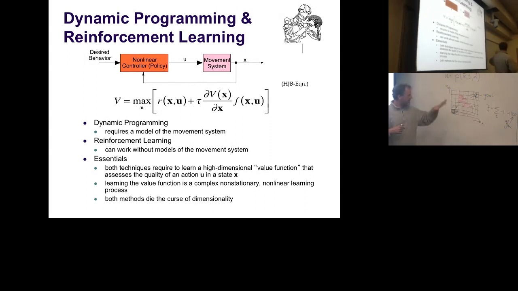So in discrete systems, we have something which is called Bellman's optimality equation, which basically says the J value at a particular state X has to be some immediate reward I get in X plus the optimal cost at the next state.